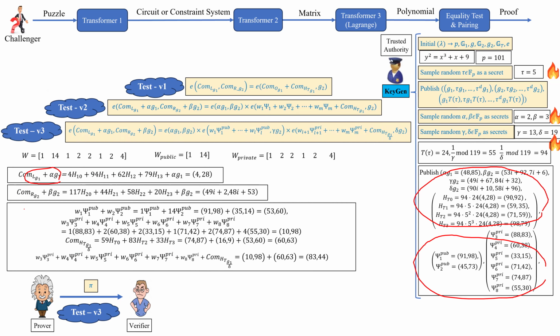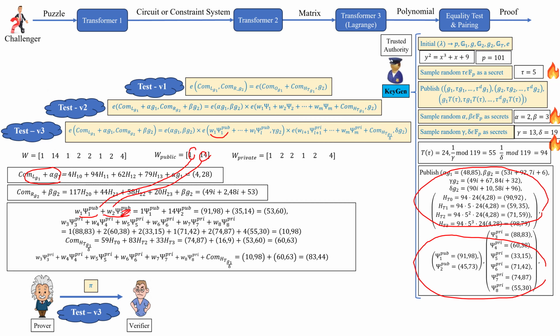Now the prover needs to compute these values, right? So these values, omega W1 multiplied by psi1 pop plus W2 psi2 pop. So W1 equals this one, right? And this is 14 for this one.